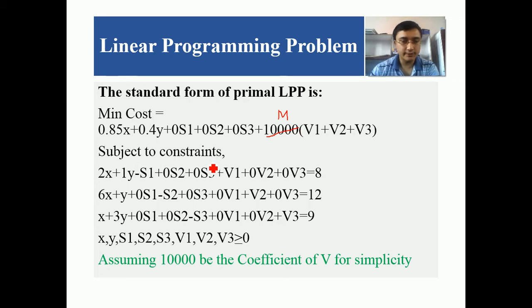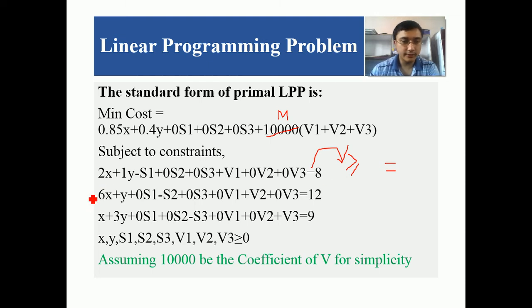And subject to constraints 2x plus y minus s1, this is the surplus variable and must be deducted, plus 0 times s2 plus 0 s3 plus v1 plus v2 times 0 plus v3 times 0 equals 8. Previously our sign was greater or equal to, and it has been converted to the equal to sign. That is, previously it was in the form of inequality, while the inequality has been changed into the equation by introducing the big M and the surplus variable.